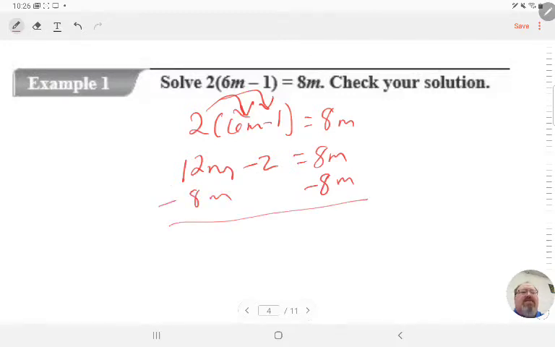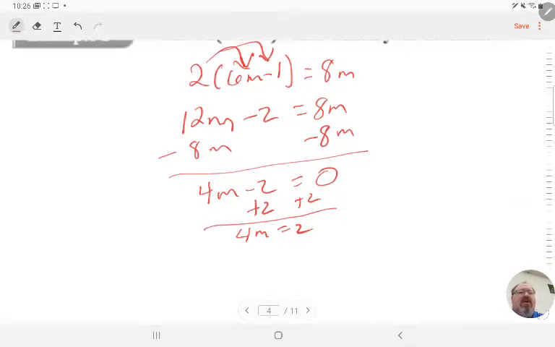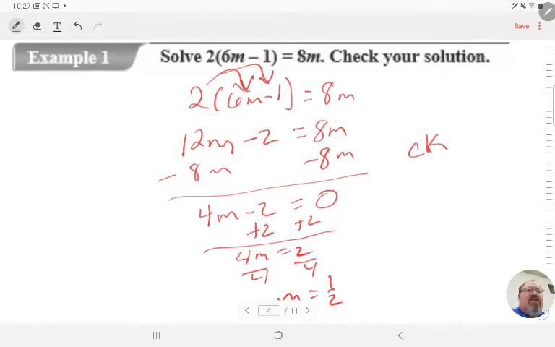So 12 minus 8 is 4m minus 2. 8m minus 8m would be 0. So then I add 2, and I get 4m equals 2. I then divide both sides by 4, and m equals 1/2. Okay? Now to check this, again, I'm going to put it in the original.